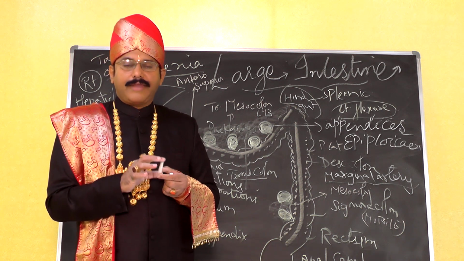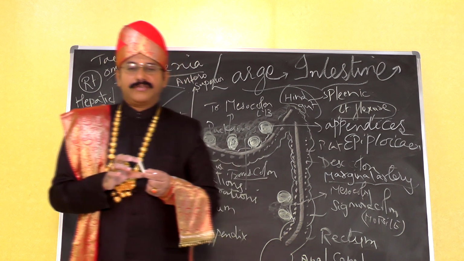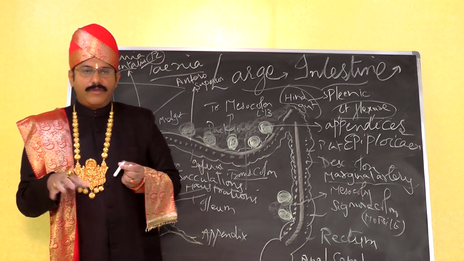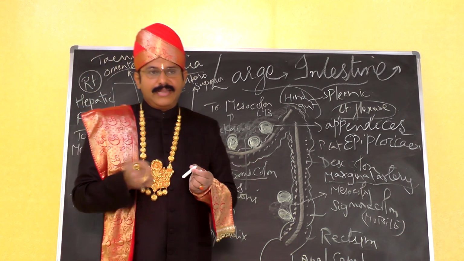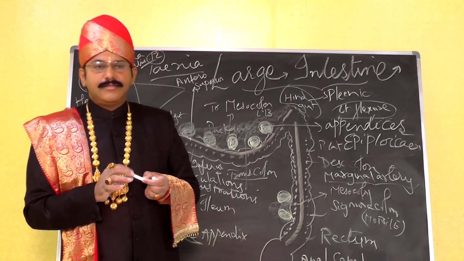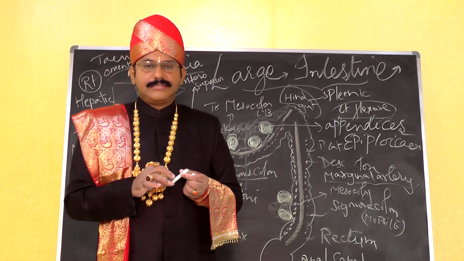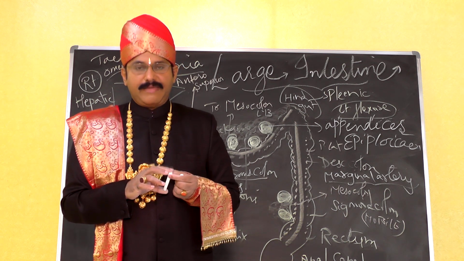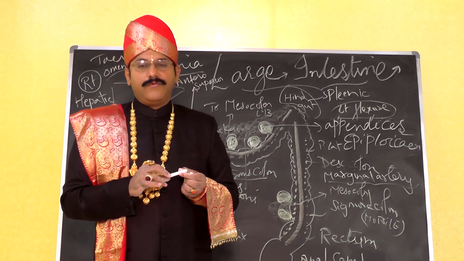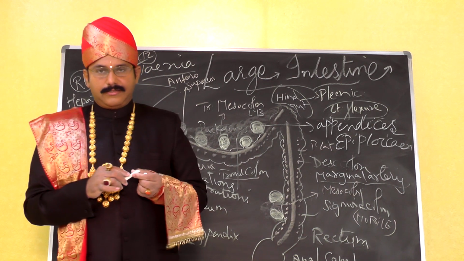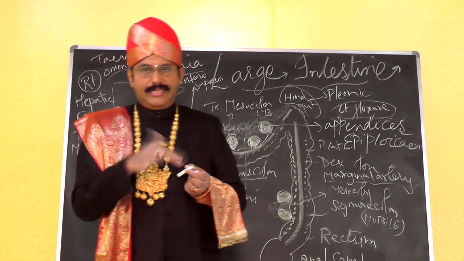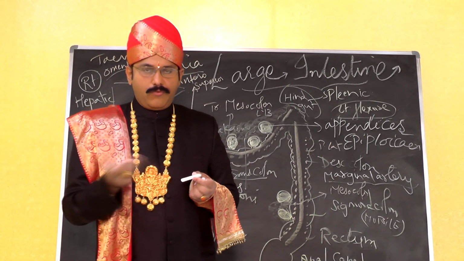It's very interesting for us to know that these bacterial flora are very friendly to us, and they synthesize vitamin B. So that's why, when we are taking antibiotics, now what is an antibiotic? Anti means against, bio means life.